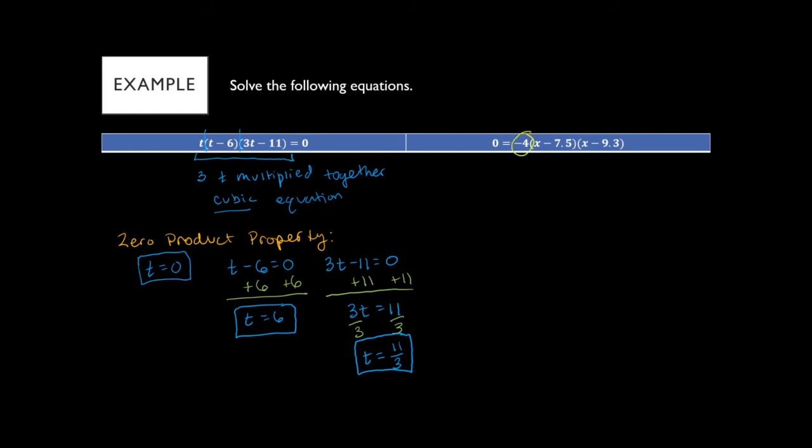You could look at that negative 4 there and say, okay, let's divide both sides by negative 4 so that we don't have that third thing multiplied there. So you could divide both sides by negative 4. 0 divided by negative 4 is 0, and it basically is irrelevant. It kind of just disappears. The other way that you can look at it is with what I just did on the left for the zero product property.